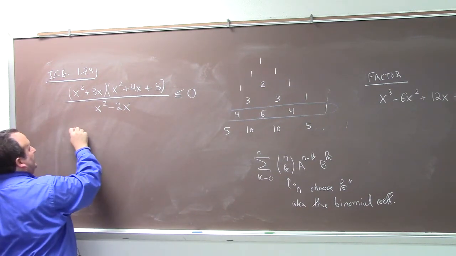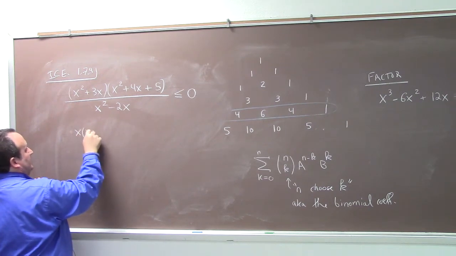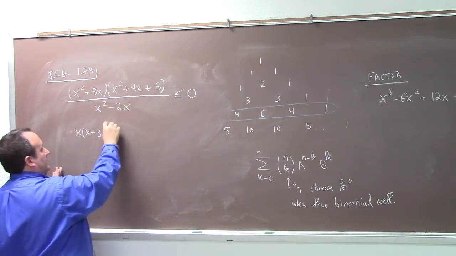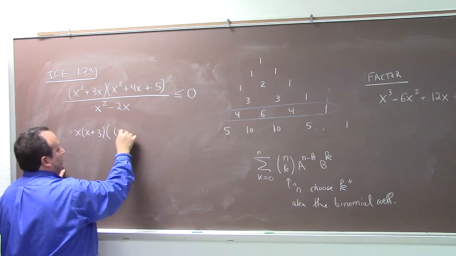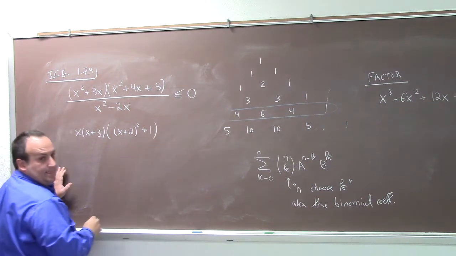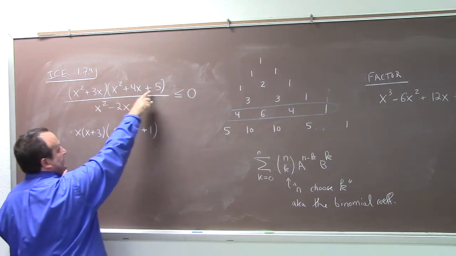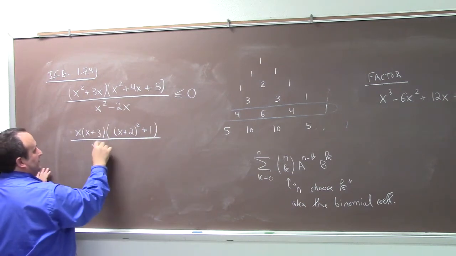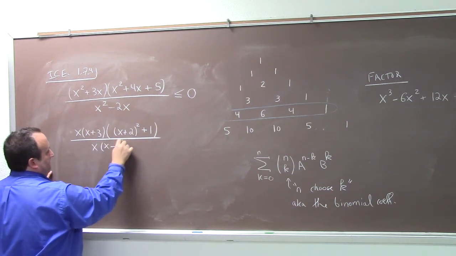So the numerator, you've got x times x plus 3, and x squared plus 4x plus 5, we can complete the square on that: that is x plus 2 quantity squared plus 1. And downstairs, we've got x times x minus 2.